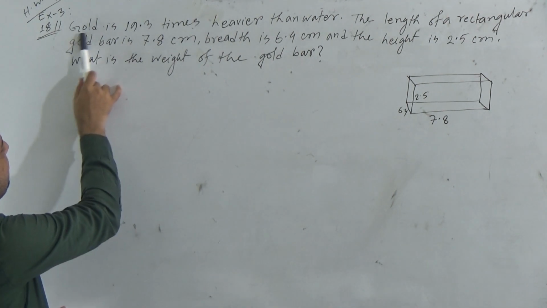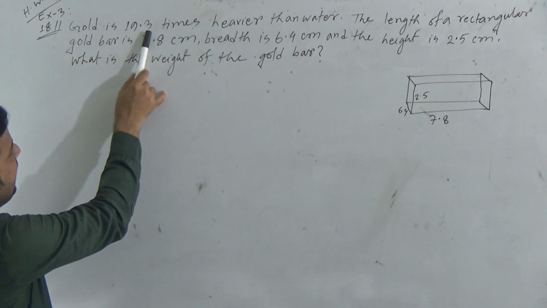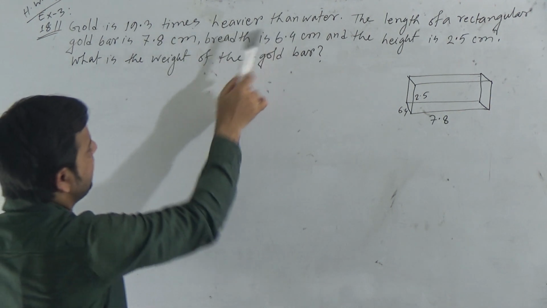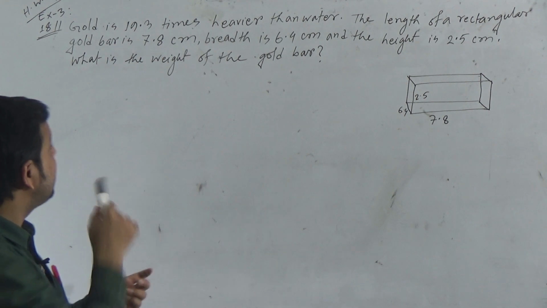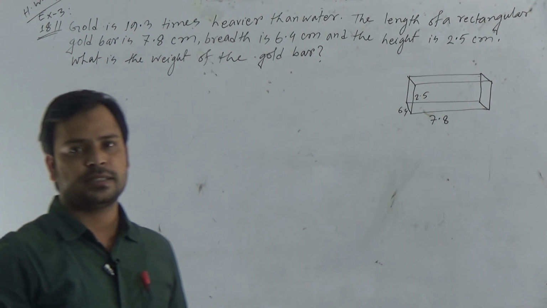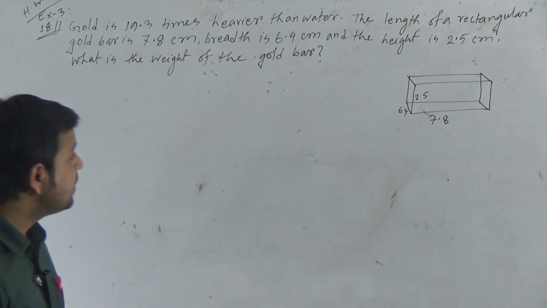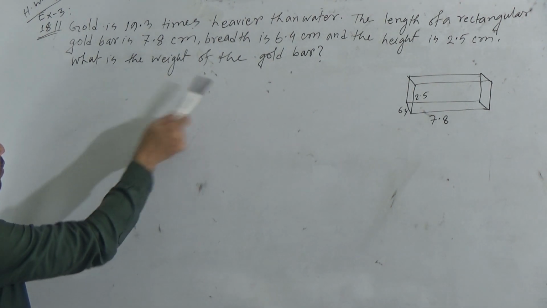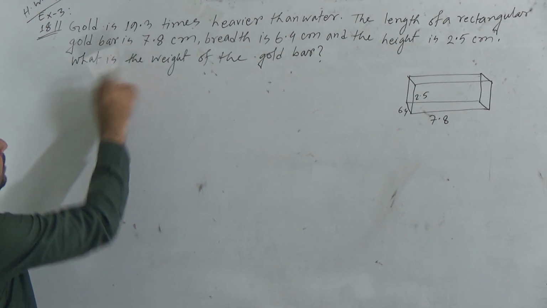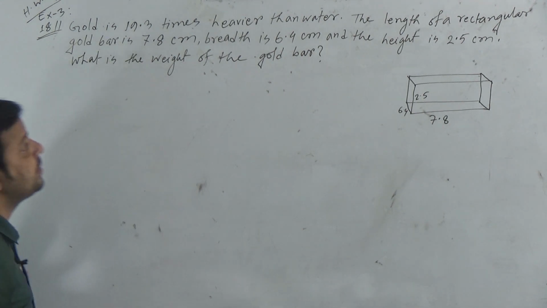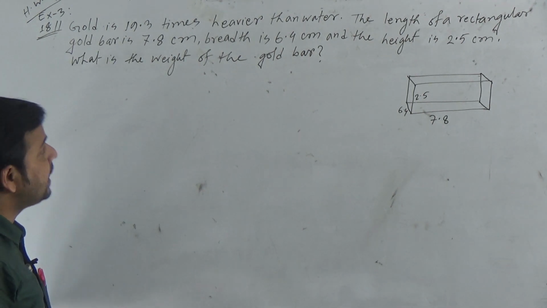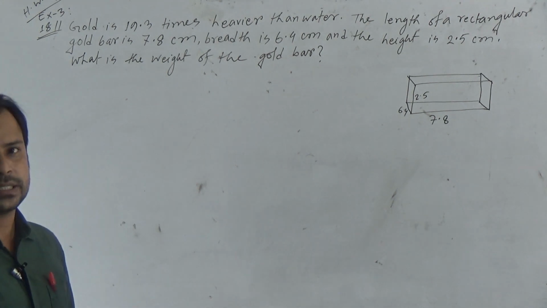And here is an information given, gold bar is 19.3 times heavier than the water. So if we get the weight of water, then we will get the weight of the solid by multiplying that weight of water by 19.3, as gold bar is 19.3 times heavier than the water.